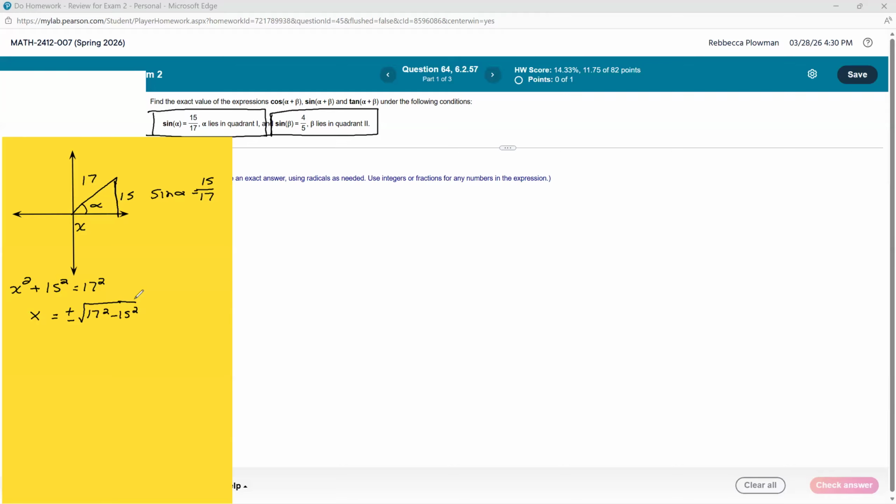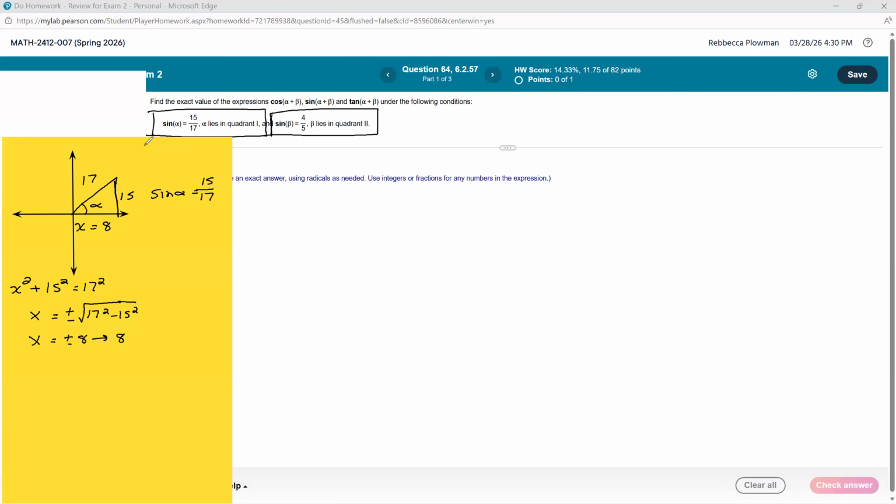Let me find that here quickly, since these randomly generate. 17 squared minus 15 squared. So amazingly enough, that's actually going to give us 8. I thought this was a Pythagorean triplet. So remember, because we're in quadrant 1, this is going to be where x is positive. So it could be plus or minus 8, but it's just going to be the plus 8 for us.